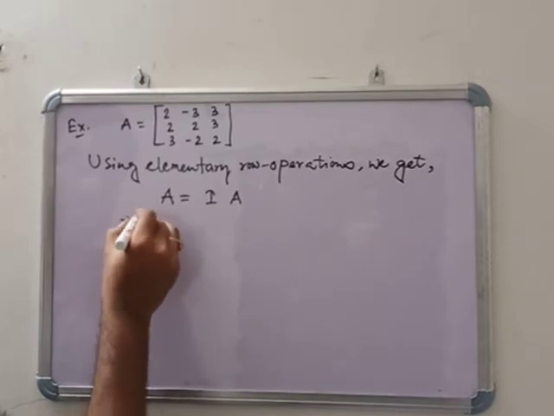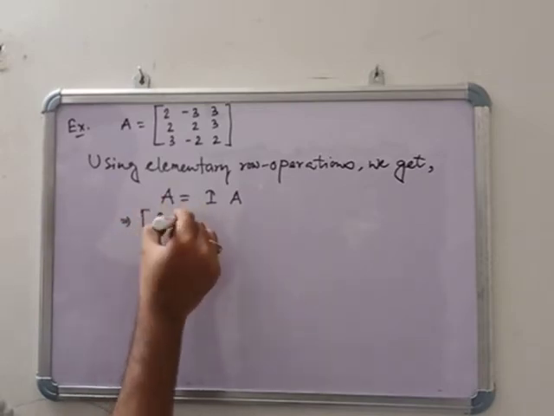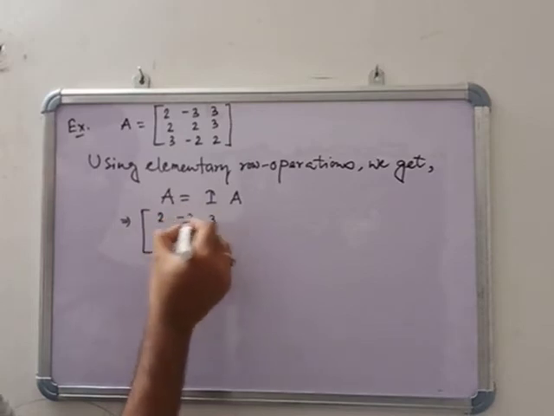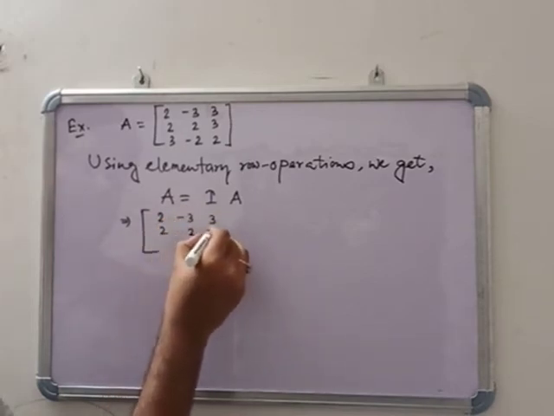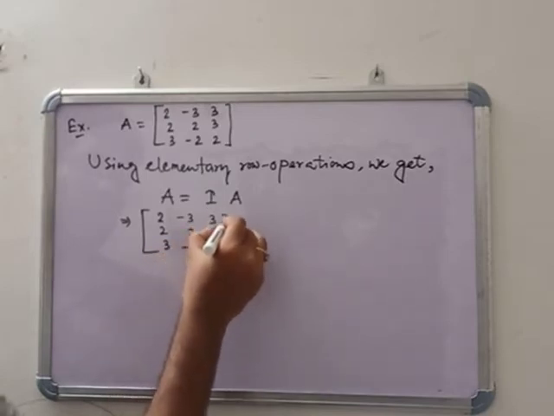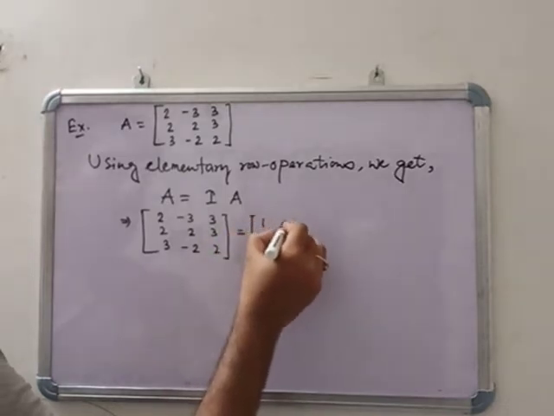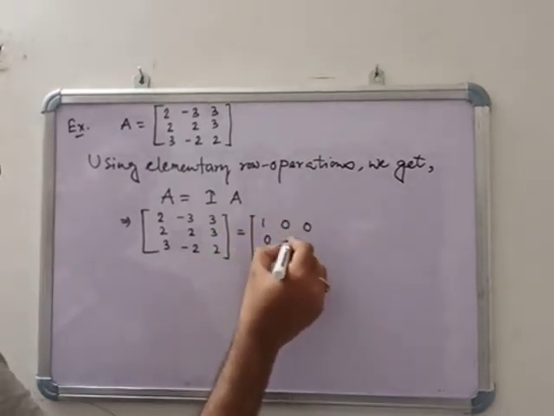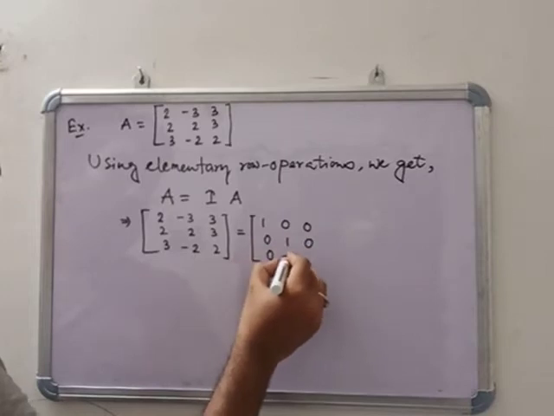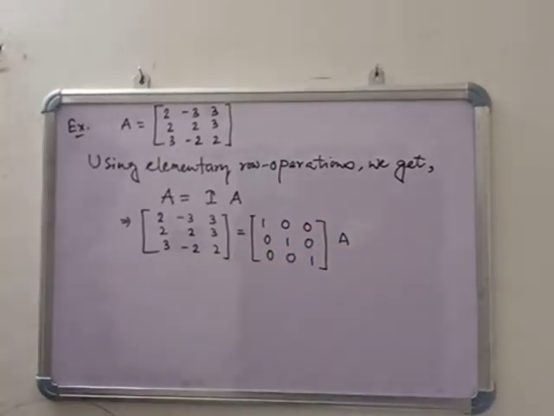So that means 2 minus 3, 3, 2, 2, 3, 3 minus 2, 2 equals I, means 1, 0, 0, 0, 1, 0, 0, 0, 1, and A.